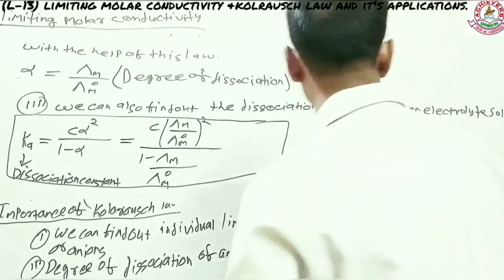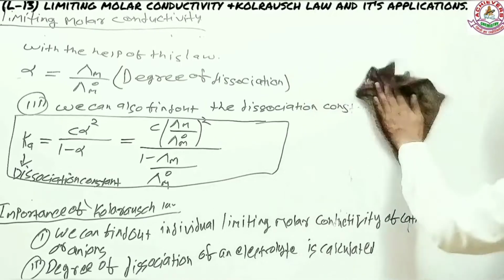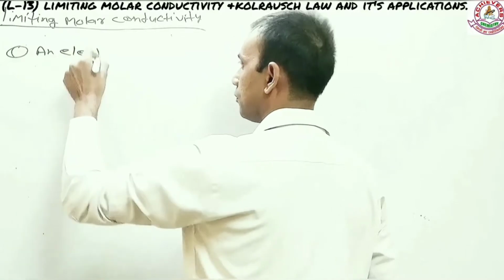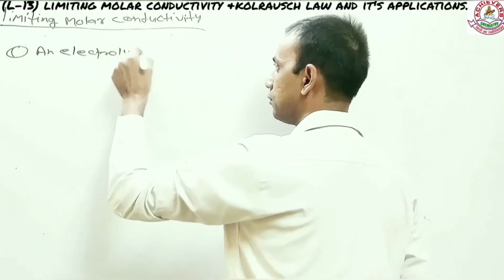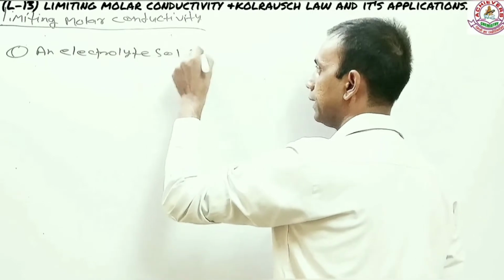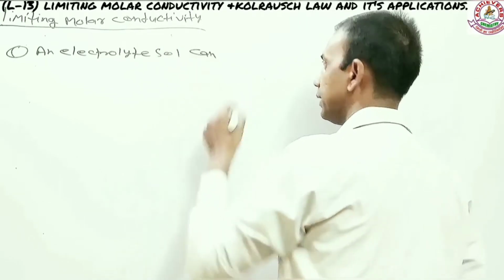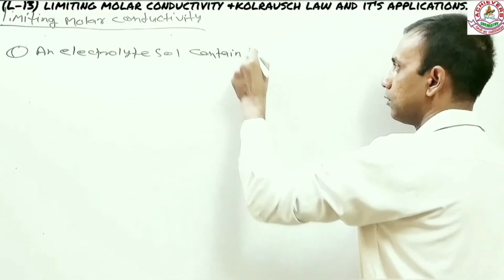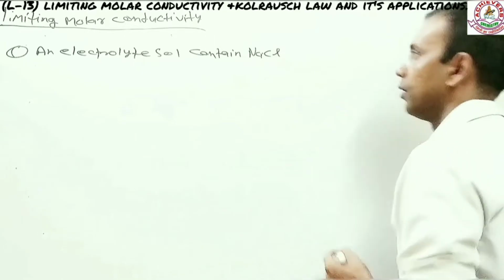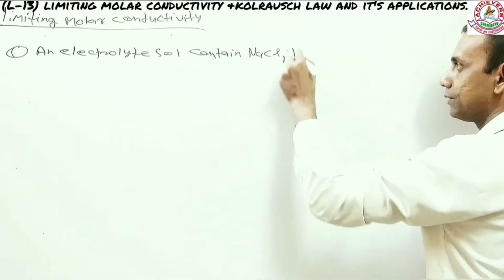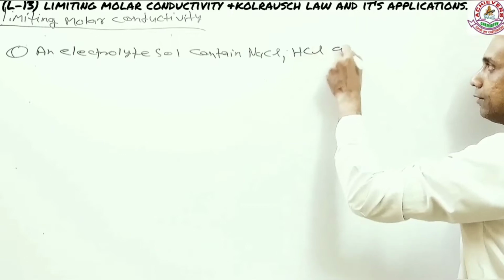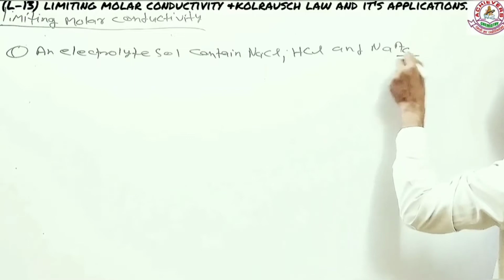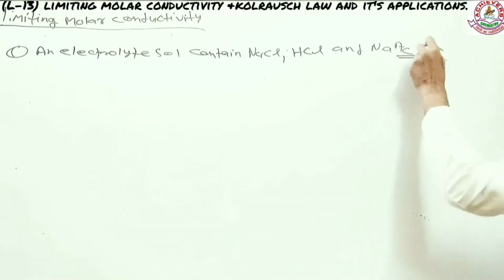Now what I'm going to do right now, I'm taking an example based on this. An electrolyte solution contains NaCl and HCl and sodium acetate. Now acetate is represented as AC.